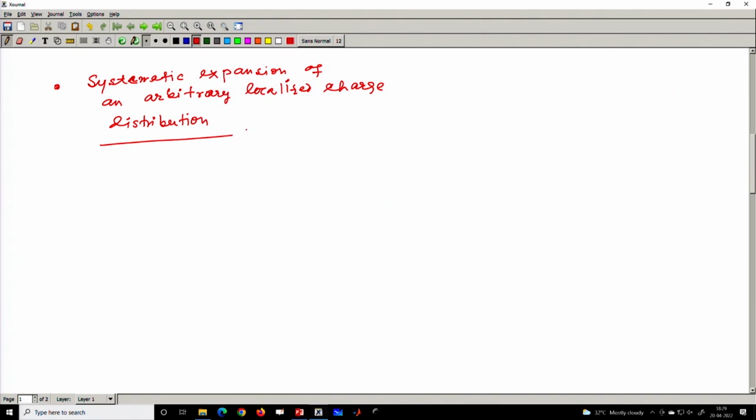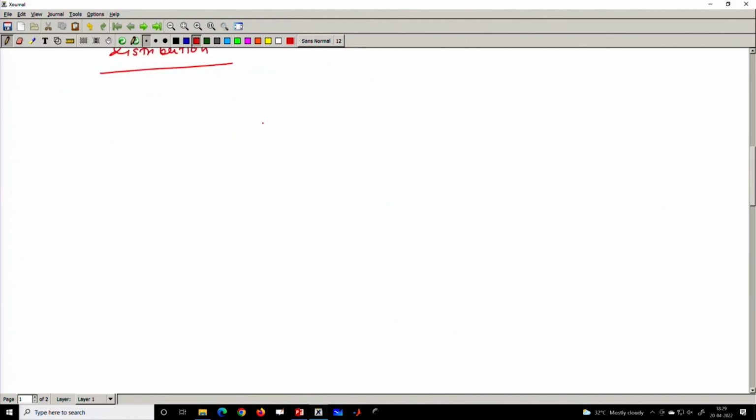So I should have a region where we have charge distributed, and take a small piece of that. Our goal is to find the potential for this small piece at some point P here. Suppose I have an origin here at some point.